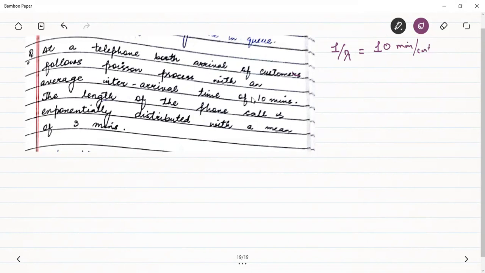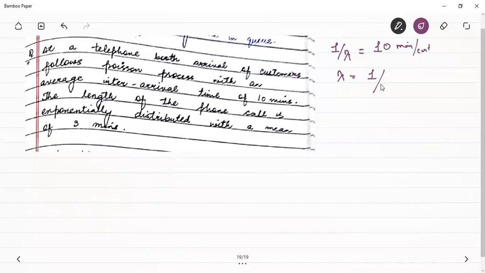That is 10 मिनट के बाद एक customer आता है. That is 10 minutes per customer. It takes 10 minutes per customer to arrive. So if we talk about lambda, it will be equal to, okay, this is inter-arrival, this lambda will be arrival, and arrival rate will be equal to the reciprocal of inter-arrival time.